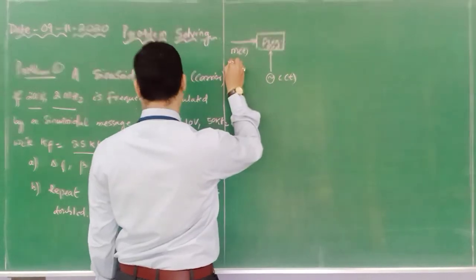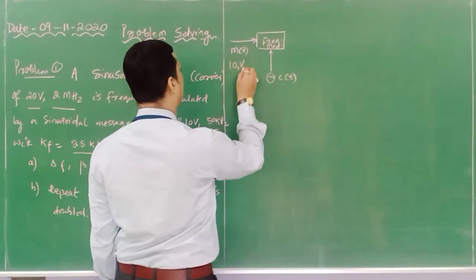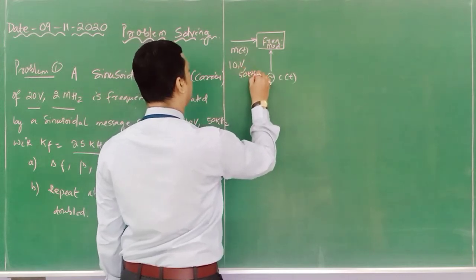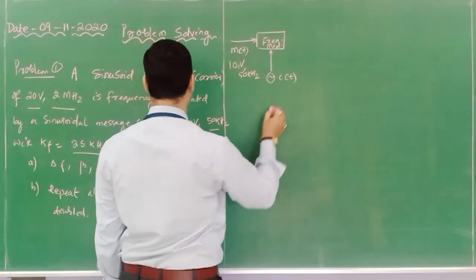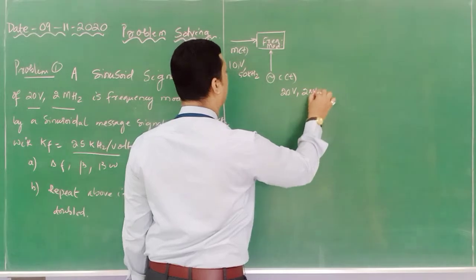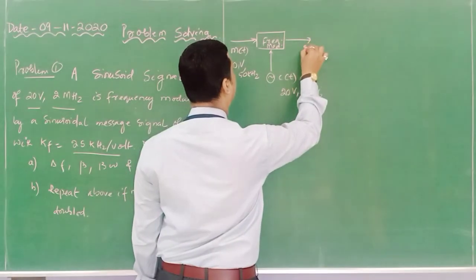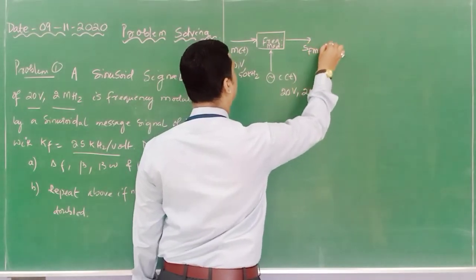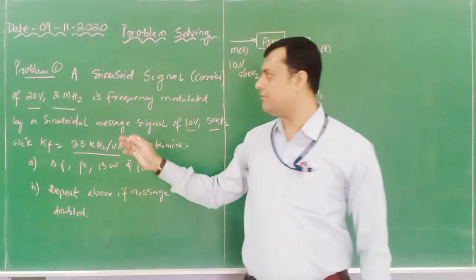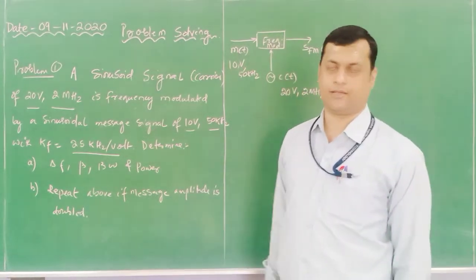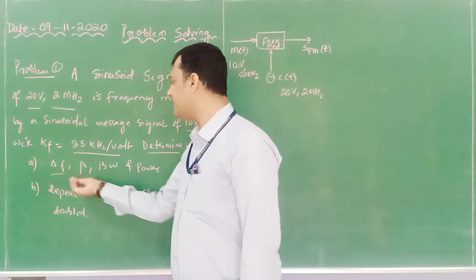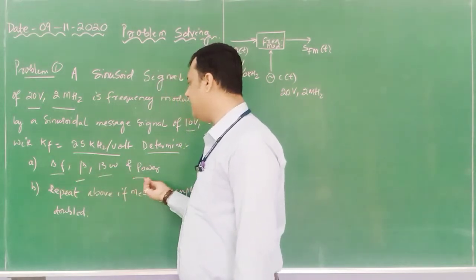Here message signal strength is 10 volt, 50 kilohertz, and carrier component strength is 20 volt, 2 megahertz, and it will generate the FM signal. So this is the basic information we have gathered from this question. Now what we need to determine: del f, beta, bandwidth and power.